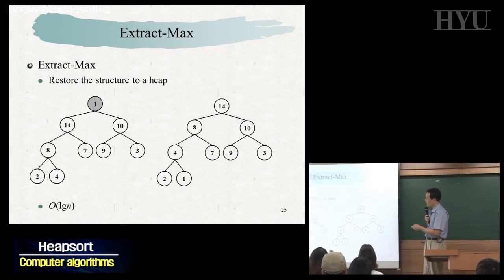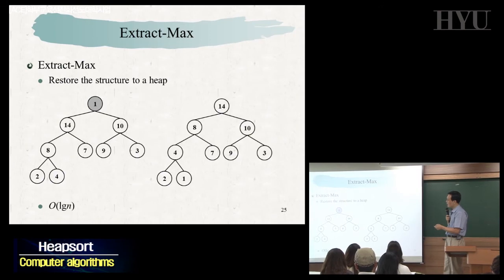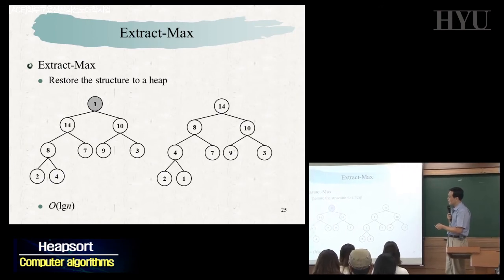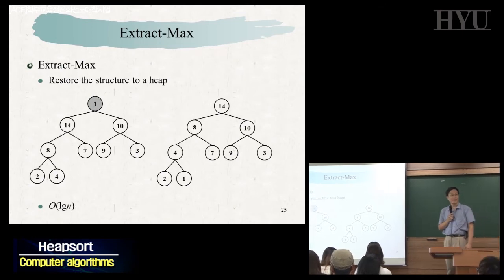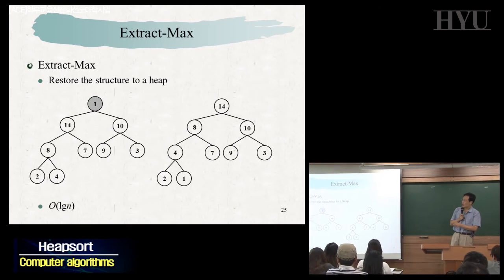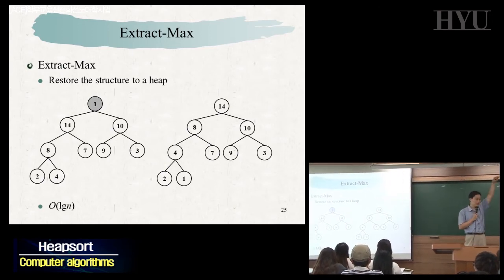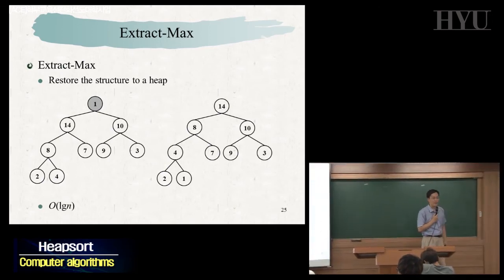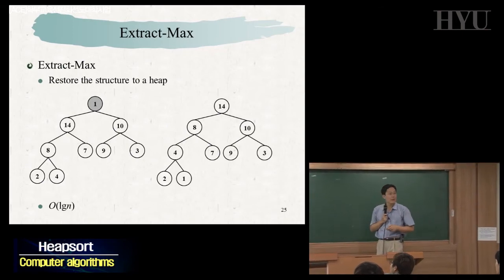Okay, then what is the path it flows down along? 한상현, what is the path along which this one floats down? First change 1 to 14. 14, yes.